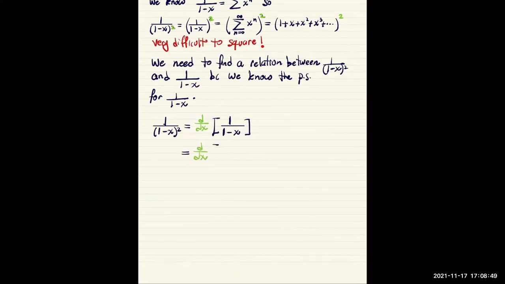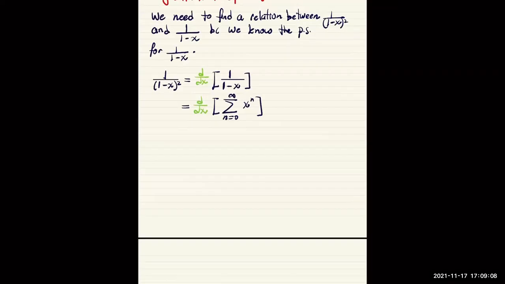So d/dx of the sum from n equals 0 to infinity of x to the n. We just discussed derivatives. When you take the derivative of a power series, n is going to begin at 1, because the constant term drops out. So n goes from 1 to infinity of n x to the n minus 1.